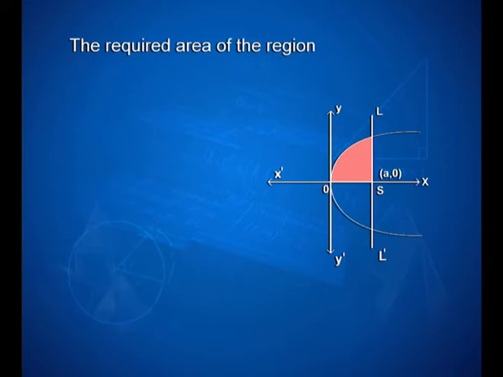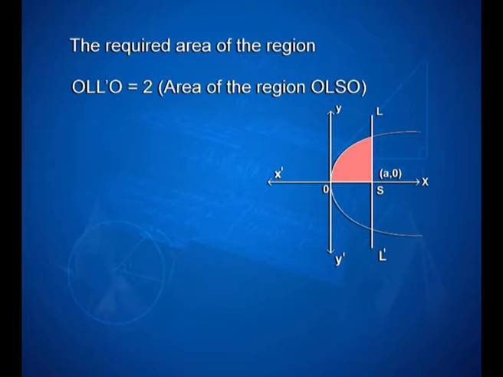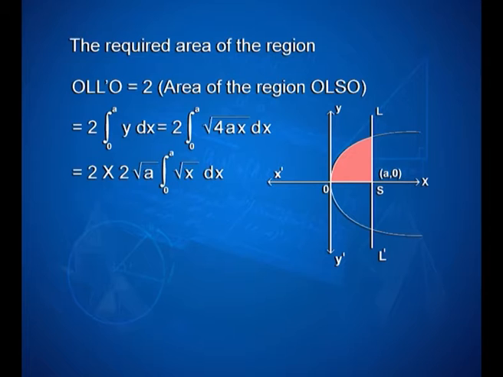Therefore, the required area of the region OLL'O is equal to 2 times the area of the region OLSO, that is equal to 2 times the integral from 0 to a of y dx, that is equal to 2 times the integral from 0 to a of the square root of 4ax dx, that is equal to 2 times 2 root a times the integral from 0 to a of the square root of x dx, that is equal to 4 root a into 2 upon 3 into x to the power 3 upon 2 with limits 0 and a.